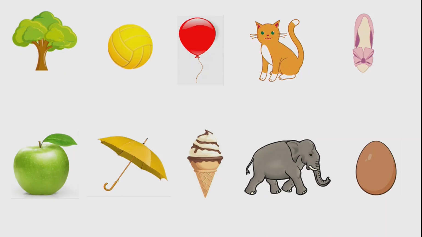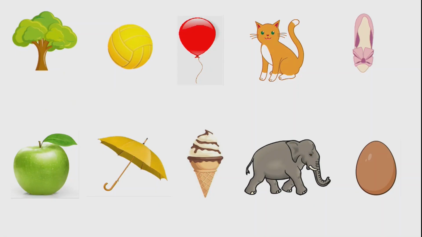Hello boys and girls, how are you today? Hope everyone's fine. Look at the board now. There are 10 pictures. Look at them and tell me if you know what we call these words in English. If you know the word, raise your hand and say it.